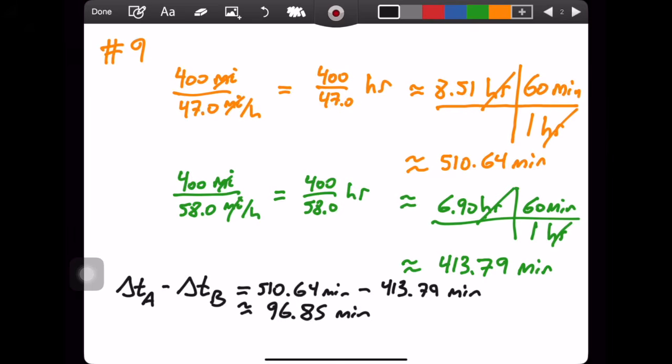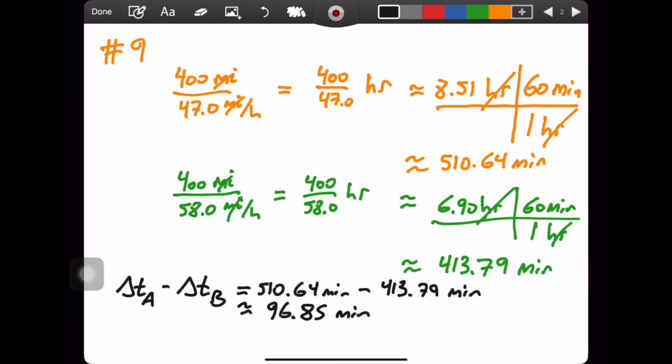Okay, but remember, Alan got a 1 hour head start. So 60 minutes into Alan's trip is when Beth starts. So in order to figure out how long Beth is waiting in San Francisco for Alan to show up, because she overtakes him eventually, she gets to San Francisco. It took him 96.85 more minutes. However, he started 60 minutes sooner.